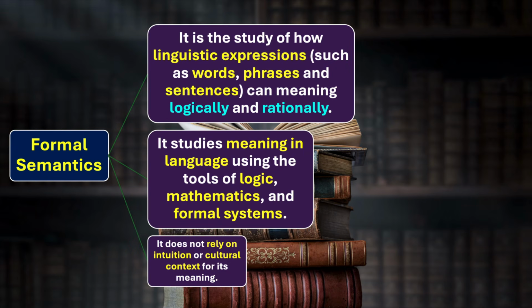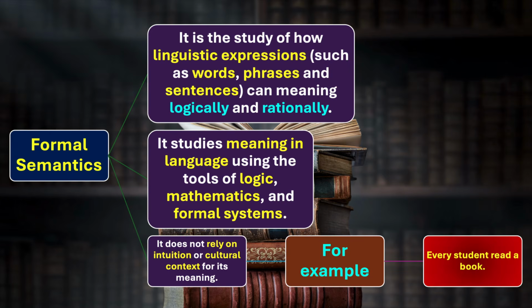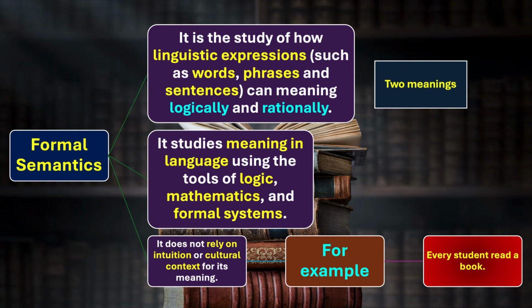Let's try to understand this through an example. "Every student read a book." What does it mean? Does it give one meaning or two meanings? Think about this. In my opinion, this sentence provides us two types of meanings.